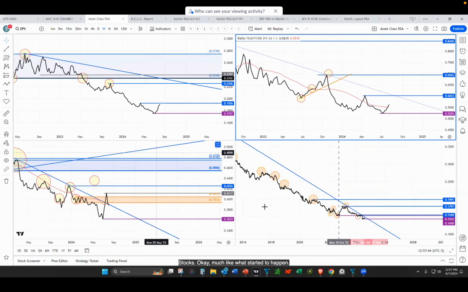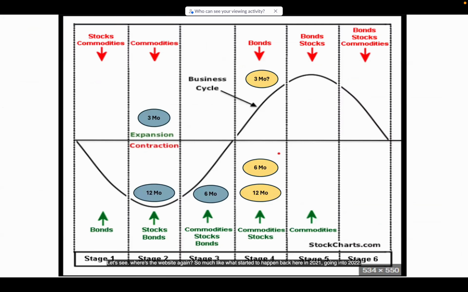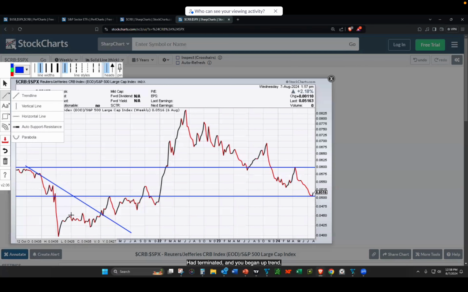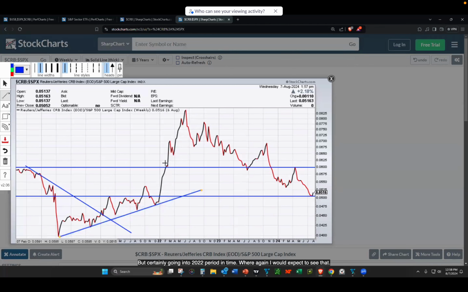Much like what started to happen back here in 2021 going into 2022, where the downtrend had terminated and you began an uptrend going into those final quarters, or I should say most of 2021, but certainly going into 2022, a period in time where I would expect to see that commodities are outperforming stocks. So that's not happening.